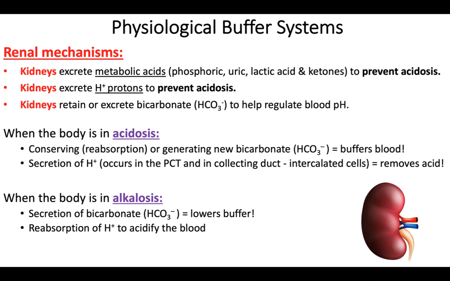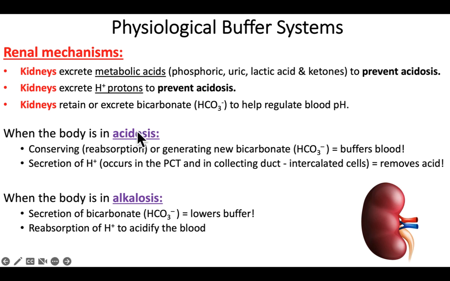Or we might need to get rid of the buffer. So the kidneys can regulate how much bicarbonate or how much buffer we need in the bloodstream in order to regulate blood pH. So the kidneys can be used as a compensatory mechanism for respiratory causes. So let's say the body is in acidosis. It could be respiratory acidosis. How might the kidneys correct this?